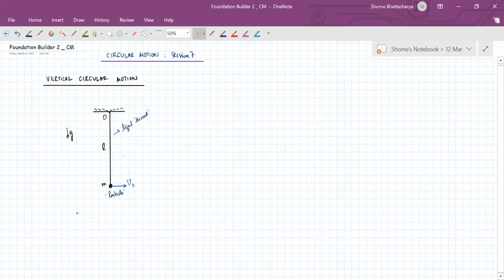So from this point, the particle is given a sharp impulse or a push horizontally at the lowest position.